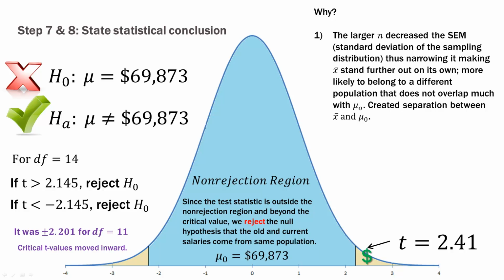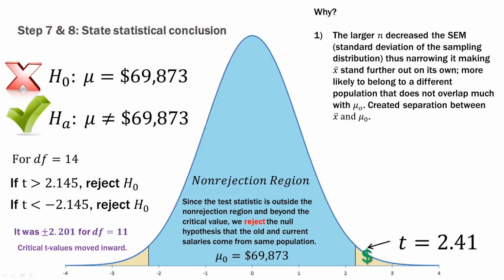It made it narrower. So what ended up happening is it made our sample stand further out on its own. It made it a little bit more likely to belong to a different population that does not overlap much with this population. It created a separation between our sample, x bar, and our hypothesized sample mean.